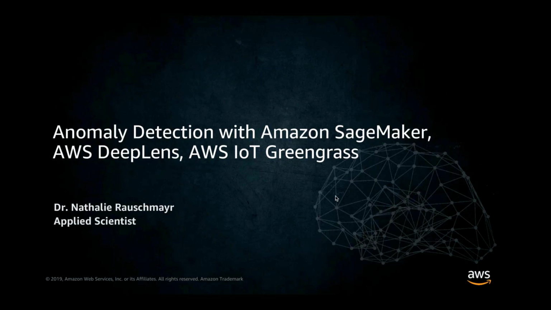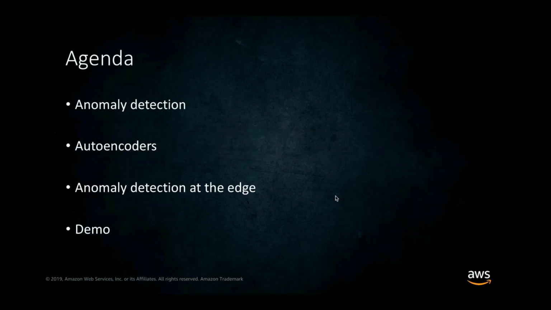Welcome to my webinar. Today you're going to learn how to do anomaly detection with Amazon SageMaker, AWS DeepLens and AWS IoT Greengrass. Let's first start with a quick overview of today's agenda. In the first part of the webinar, I will show you some general use cases for anomaly detection.